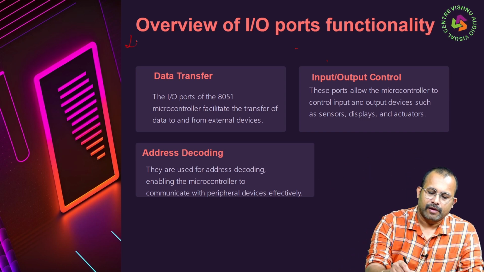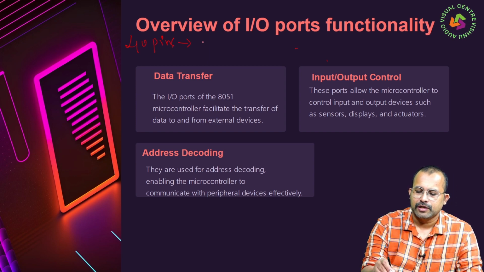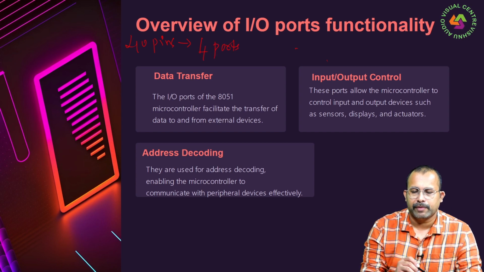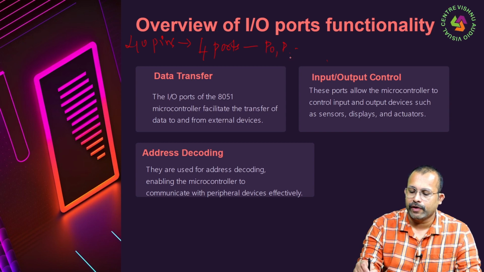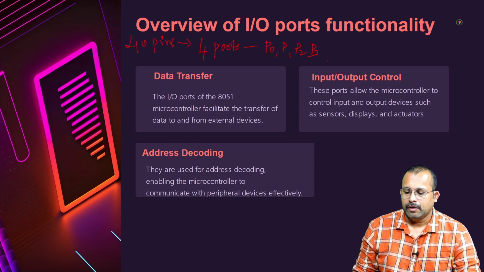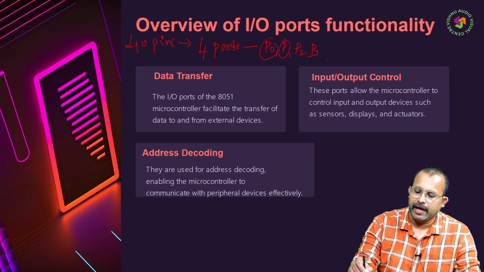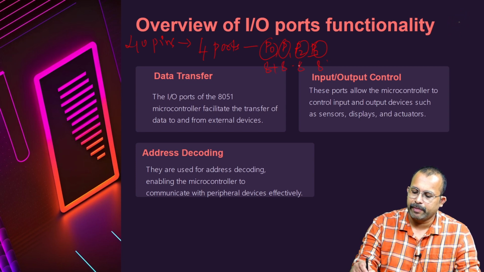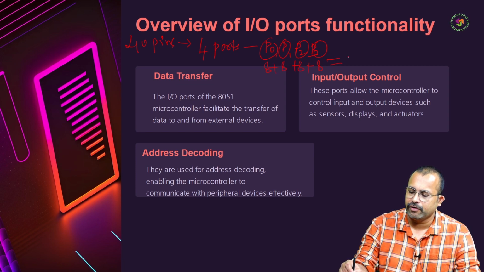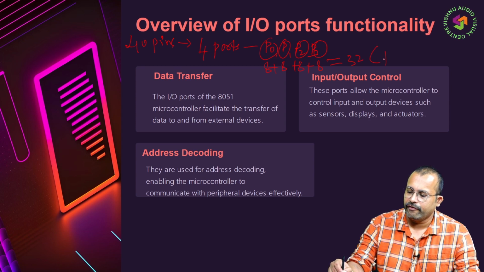Overall there are 40 pins, out of which 4 ports are present, namely port 0, port 1, port 2 and port 3. Each port has 8 pins. That means 8 plus 8 plus 8 plus 8 equals 32 pins only for ports.